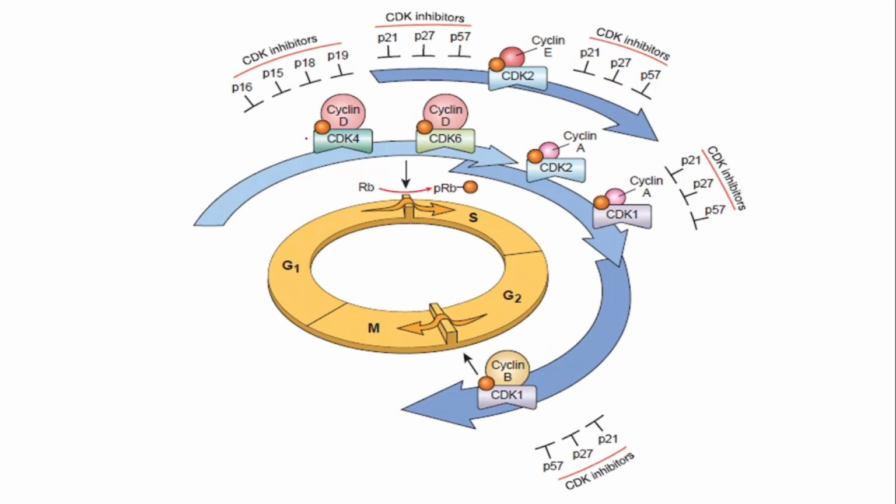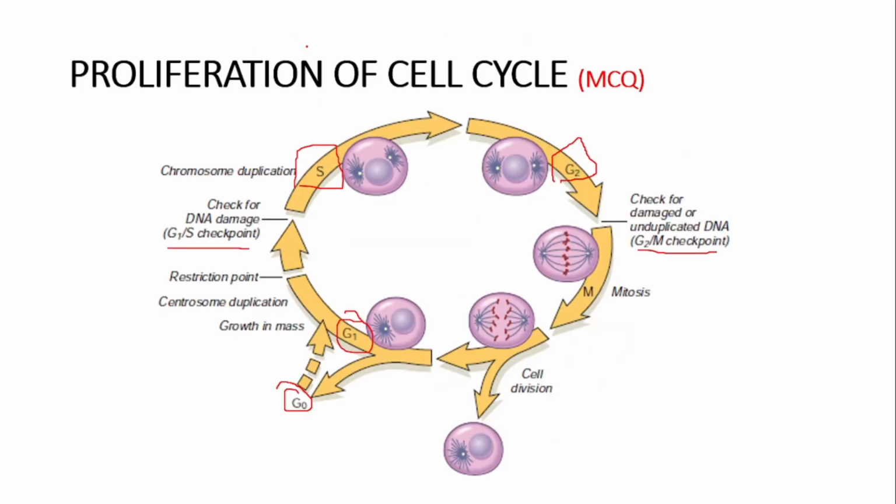Cyclin dependent kinases are activated by cyclins, whereas they are inhibited by cyclin dependent kinase inhibitors. There are basically two checkpoints, and checkpoints are very important during the cell cycle.